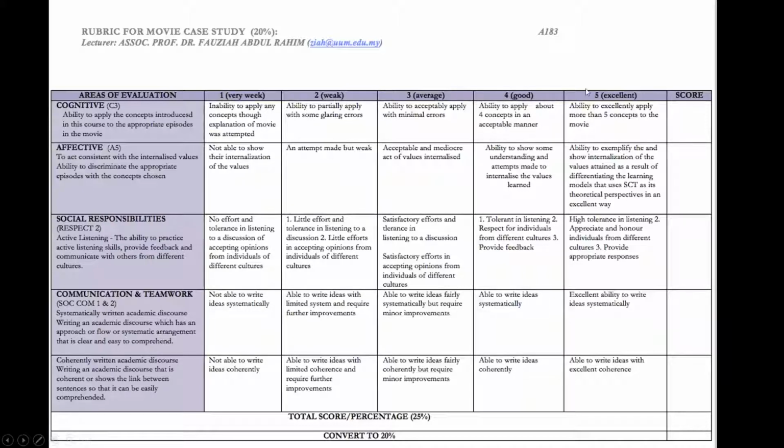If they scored excellent, that means they are well ahead, beyond the requirement of the program and the course, because this is taken in second year.